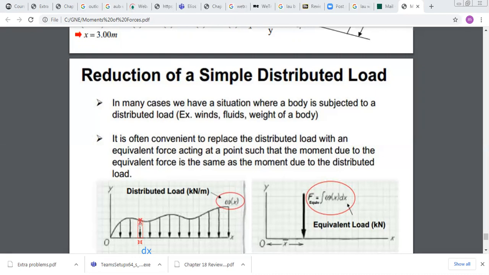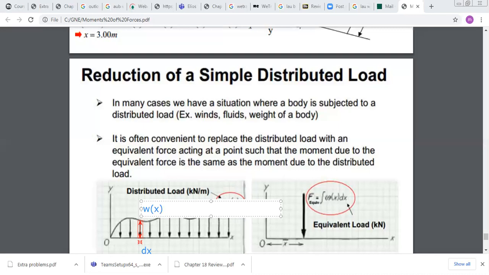The height here is equal to the value of w at this point. So this is w(x), and you know that because w is in newton per meter, to obtain the force I should multiply w by the length, which is dx. So the elementary force here is w(x) dx.